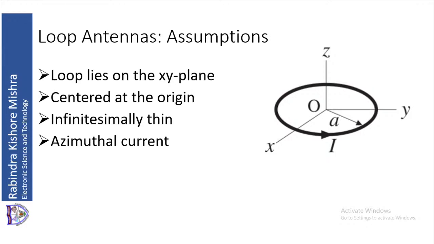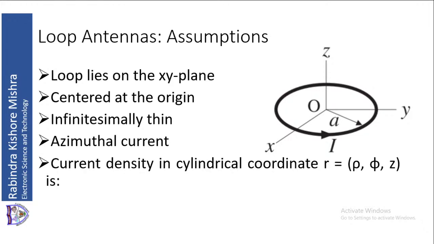It will be in the XY plane varying along phi. So current will be azimuthal along this.